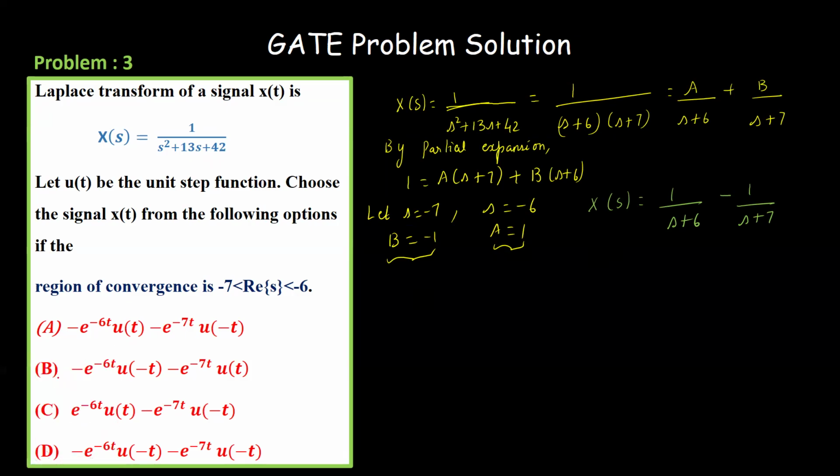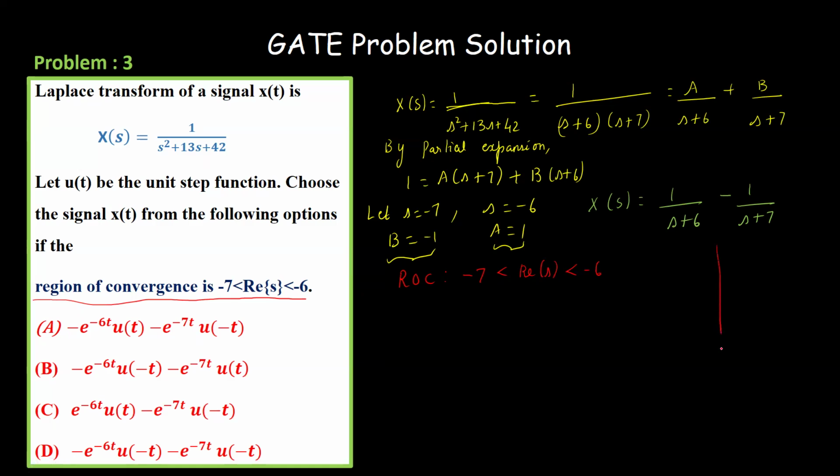See here, the region of convergence for the signal is given. So we need to consider this before finding the input signal. Whether it is u of t or u of minus t, we have to decide from the given region of convergence. Now, the ROC is given as: real part of s is between -7 and -6.